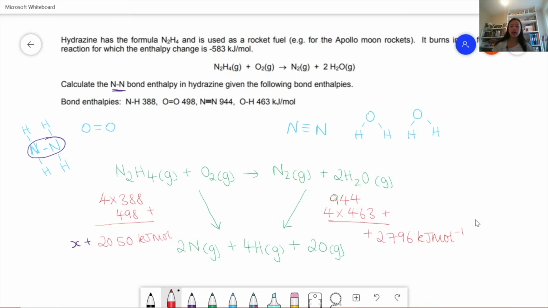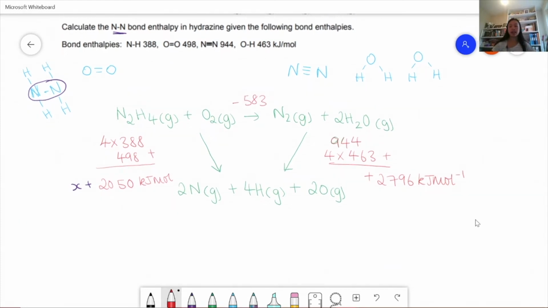And this is minus 583, as it says in the question. Now we can find what X is using Hess's law. We can start here and finish here.